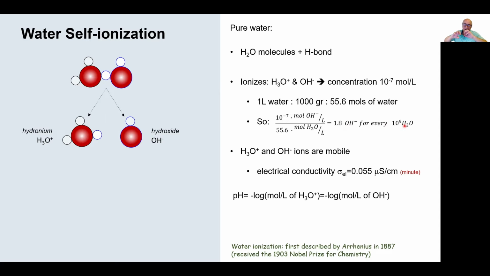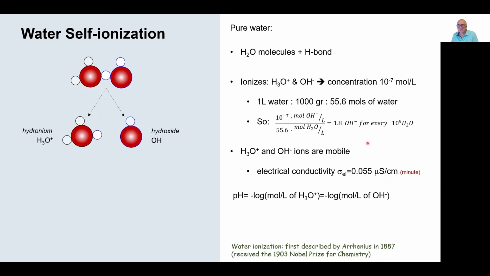The hydroxide, which is negative, is the anion, will go to the anode, and the cation, the hydronium, will go to the cathode in a pair of electrodes. But there is very small movement of these ions because they are very small, so the electrical conductivity of water is minute. It is measurable, but it's minute to the point that we say it's a dielectric. Pure water does not conduct electricity, but in reality it does a little bit.